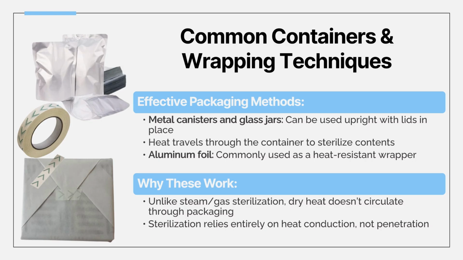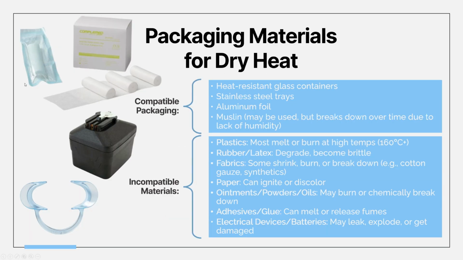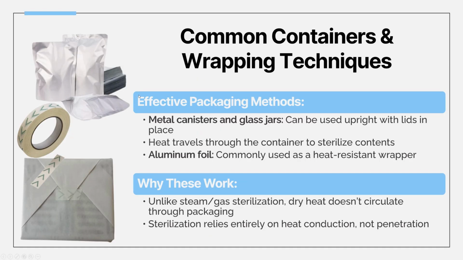So even if the peel pouch, for some reason, manages to stay intact during a dry heat cycle, chances are the instrument or material inside was not properly sterilized, because the way dry heat works is by contact.